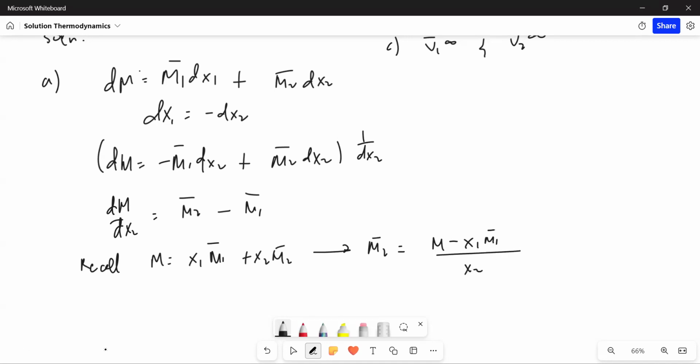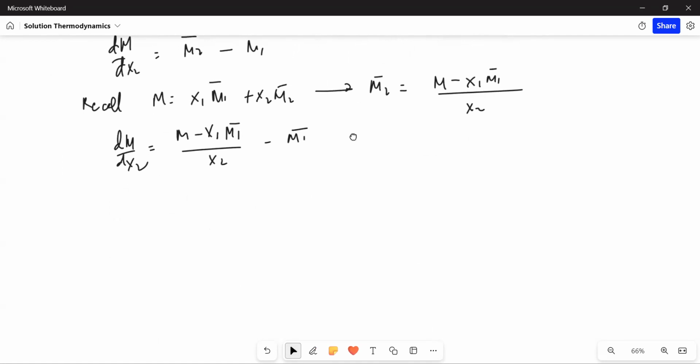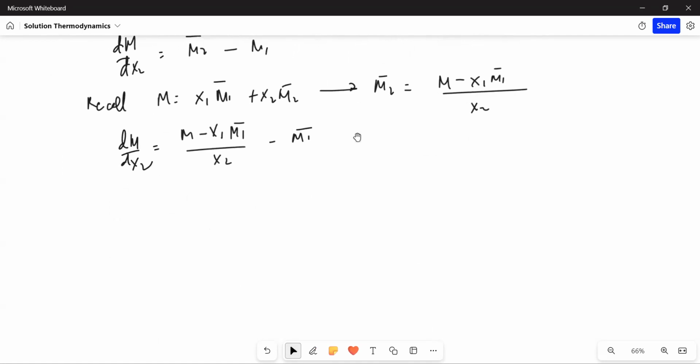So we substitute this expression for M2 bar in our equation for dM over dx2, and we get (M minus x1 M1 bar) over x2 minus M1 bar. Next, we multiply everything by x2.